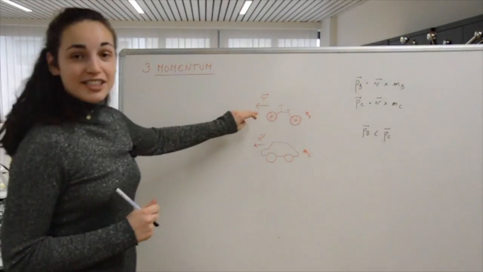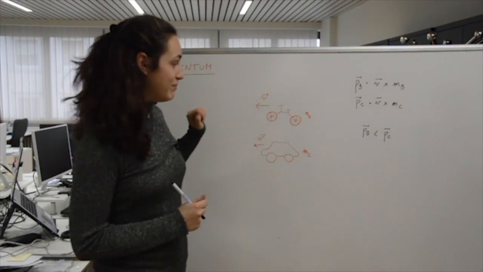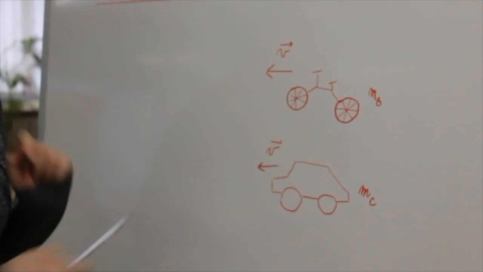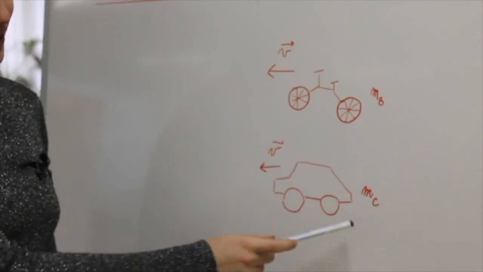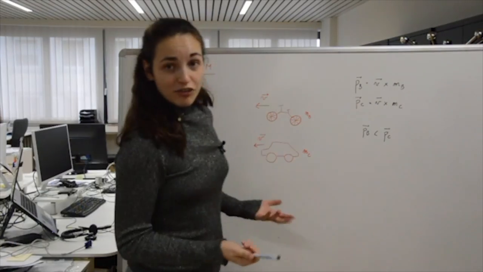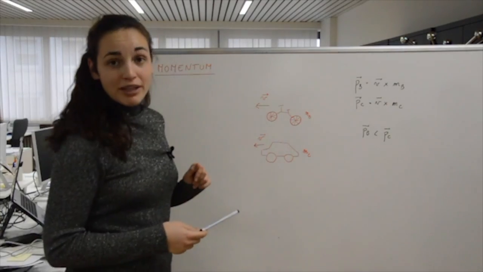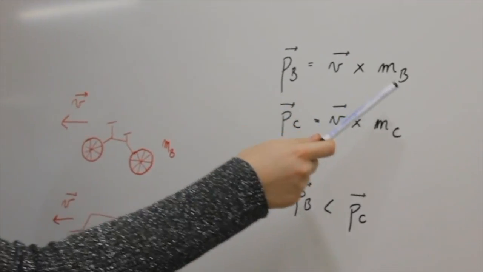So, imagine a bike and a car riding at the same speed. We can see, of course, that the bike has a much smaller mass than the car. What we call the quantity of movement, or the momentum, is namely the speed times the mass.